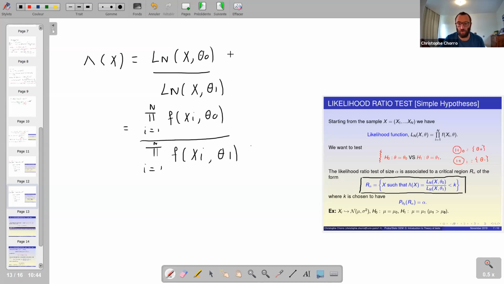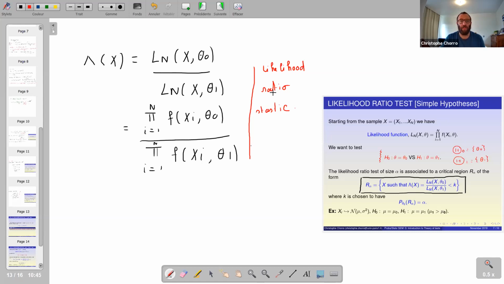It's what we call here the likelihood ratio statistic.